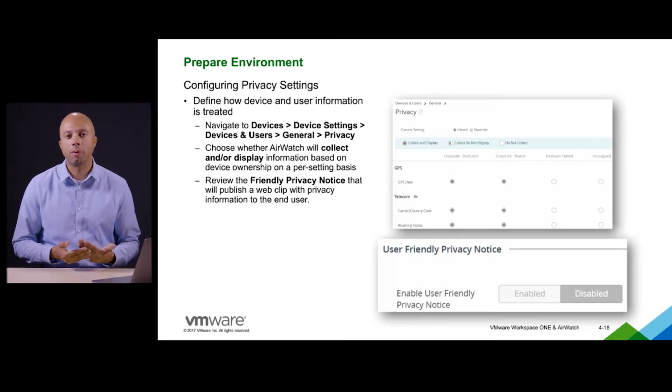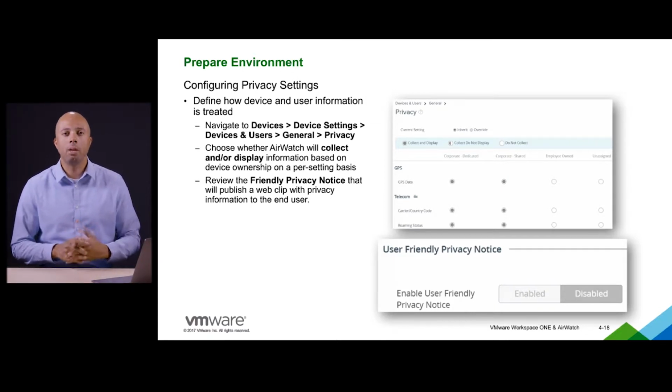After auto-discovery, we want to make sure that we are protecting our environment and our devices with privacy features. This is a great way to lock your devices down, meaning what is actually going to be secured on those devices? Are we going to secure devices by tracking their location? Are we going to monitor minutes, text message usage, data usage on that device?